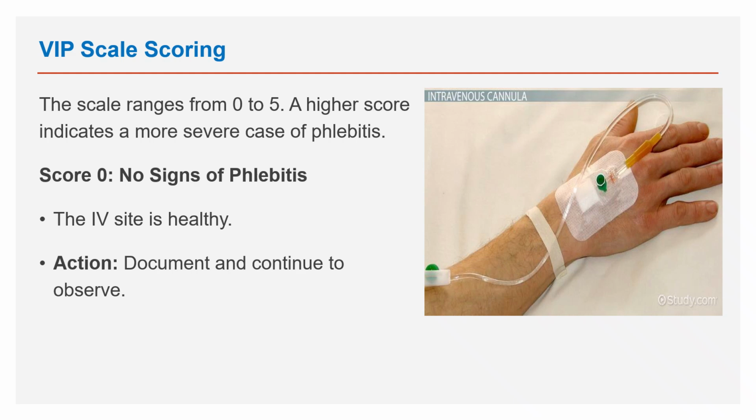The action is to document and continue the observation. We document it in the IV VIP chart and continue observation every 8 hours, that is, once every shift we observe the IV cannula.